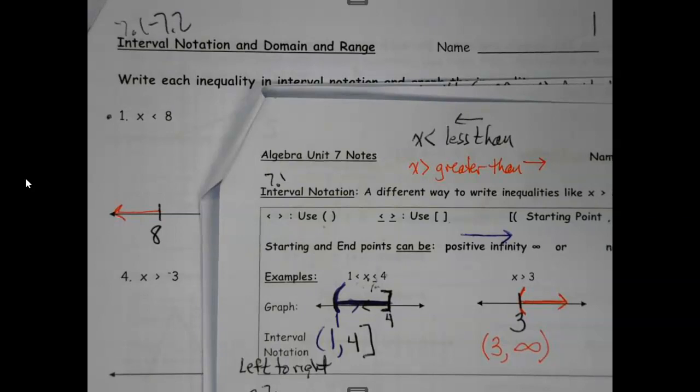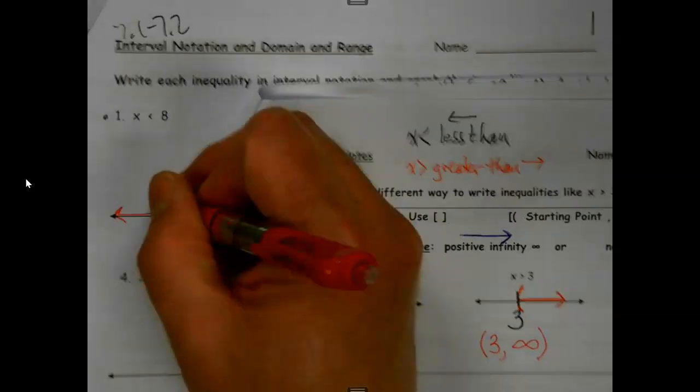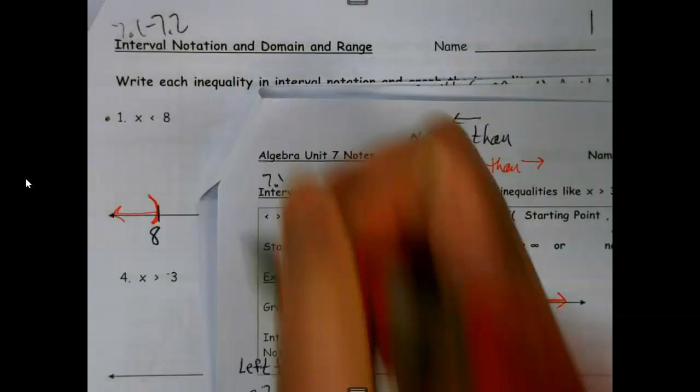But if x moves, that doesn't work every time. So don't get sucked into thinking I can just follow the arrow every time. Just be aware. Okay, so I got my arrow. What symbol am I putting on number 8? Parenthesis, because it's just the less than. It's just the arrow, so we use the parenthesis.